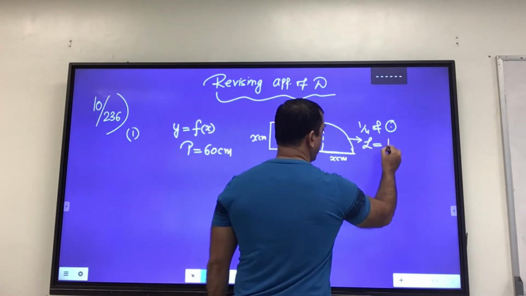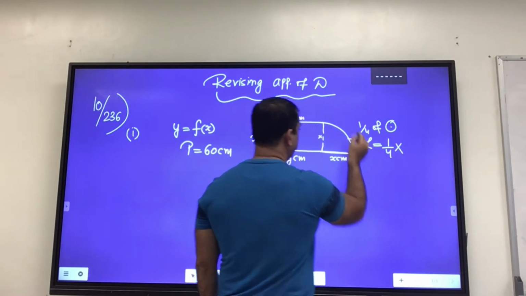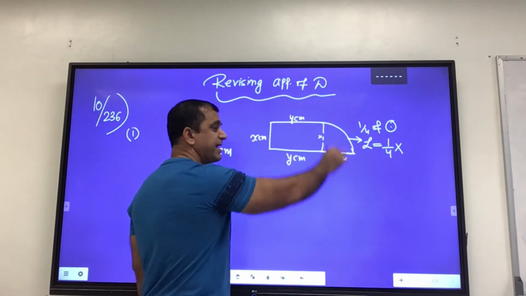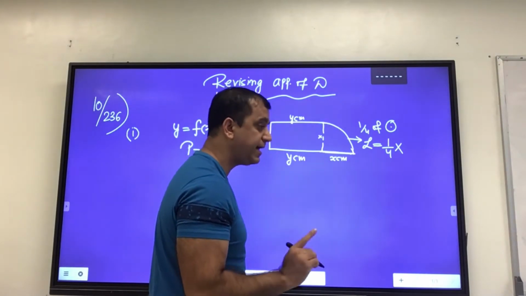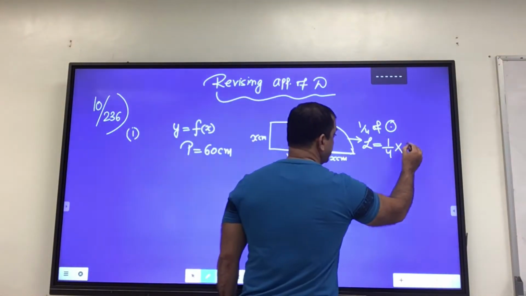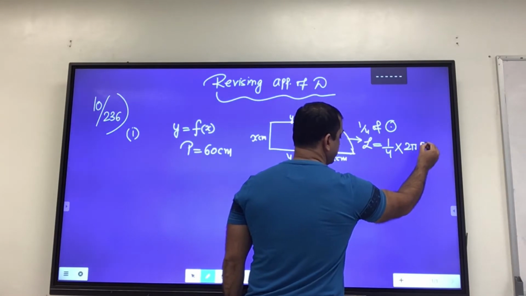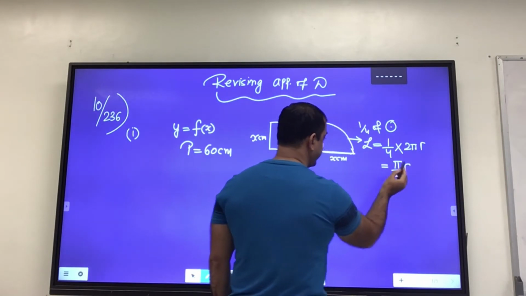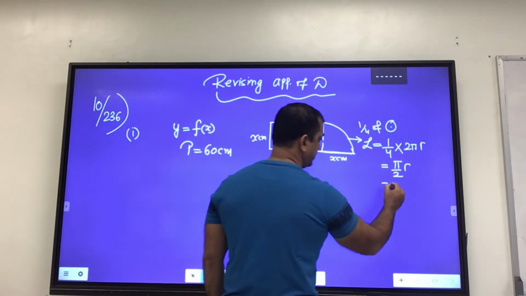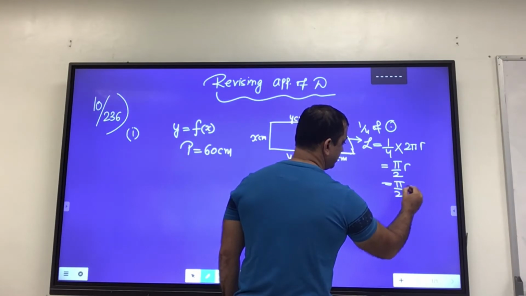Perfect. 1/4 of the circumference or perimeter of the circle. What is the perimeter of a circle? 2 pi r. So right here, 2 pi r. Cancellation. What do we get here? Pi by 2 r. Radius is x here. So basically this is pi by 2 x.